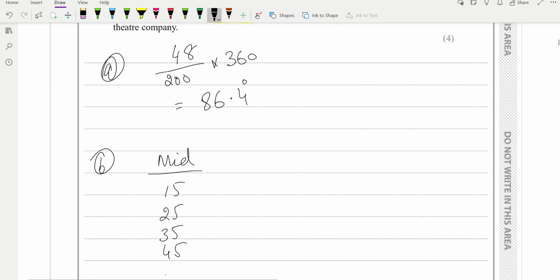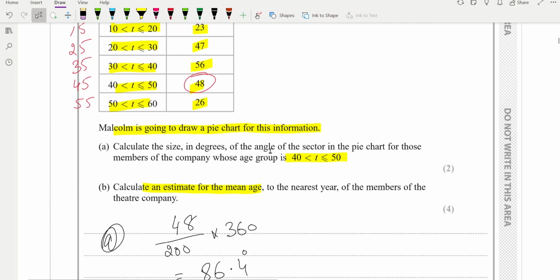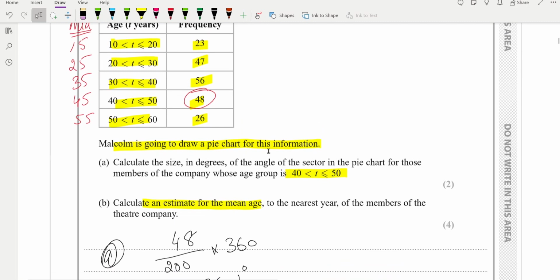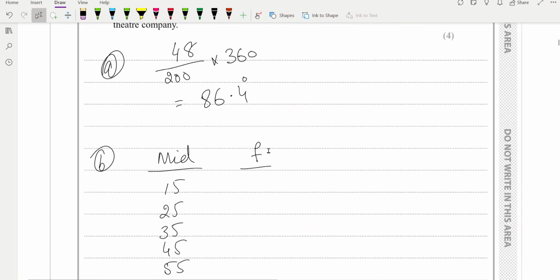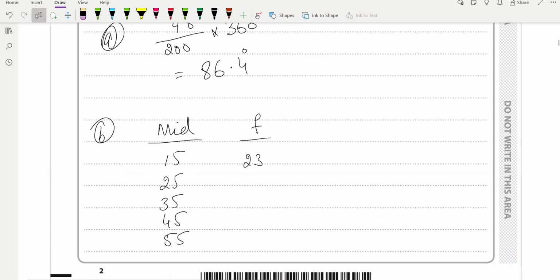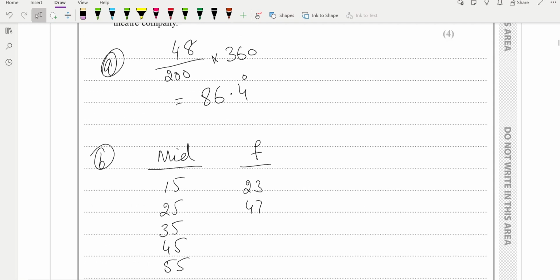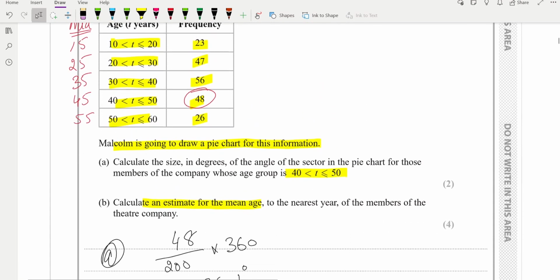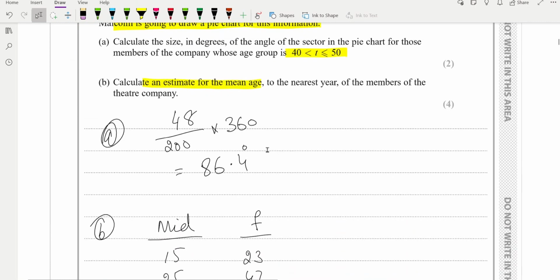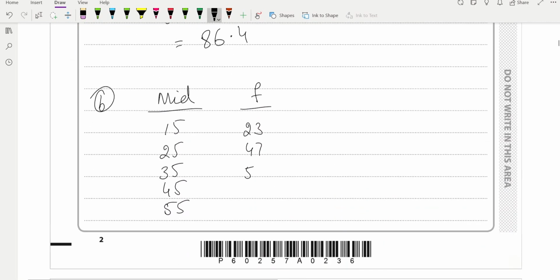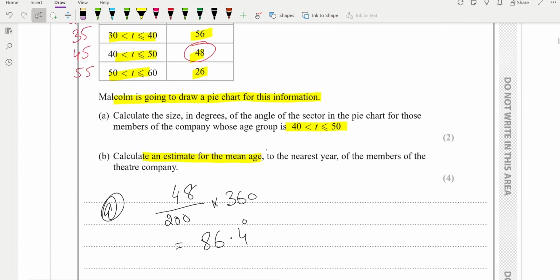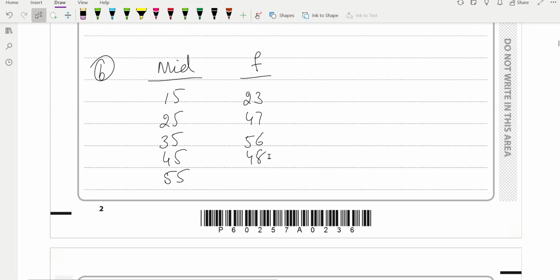Now we'll also copy the frequencies, and if we check, frequencies are 23, 47, 56, 48, and the last one is 26.